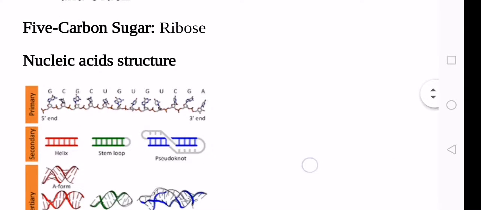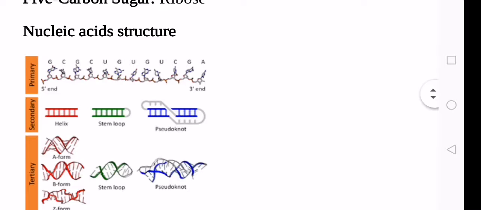On this picture you can see the primary, secondary, tertiary and quaternary structure of nucleic acids. The primary structure is found in both DNA and RNA. The secondary structure is found only in DNA, as you understand.